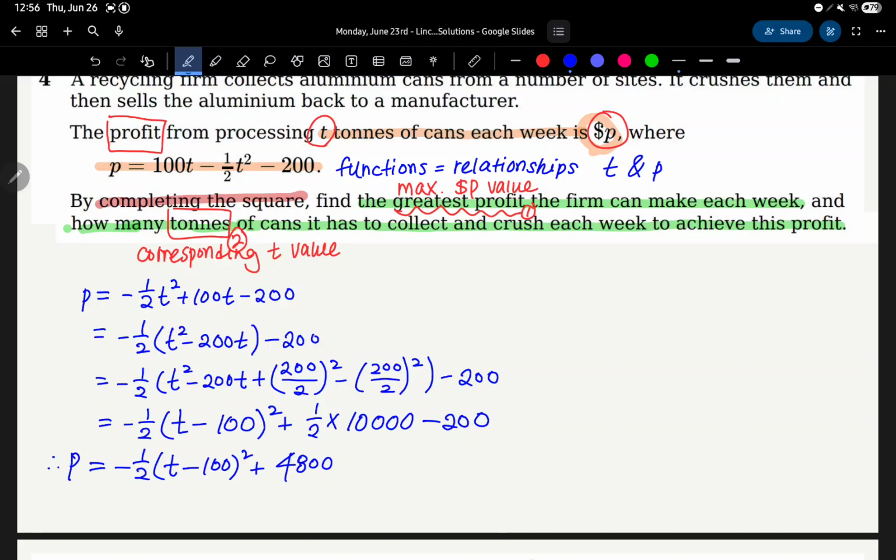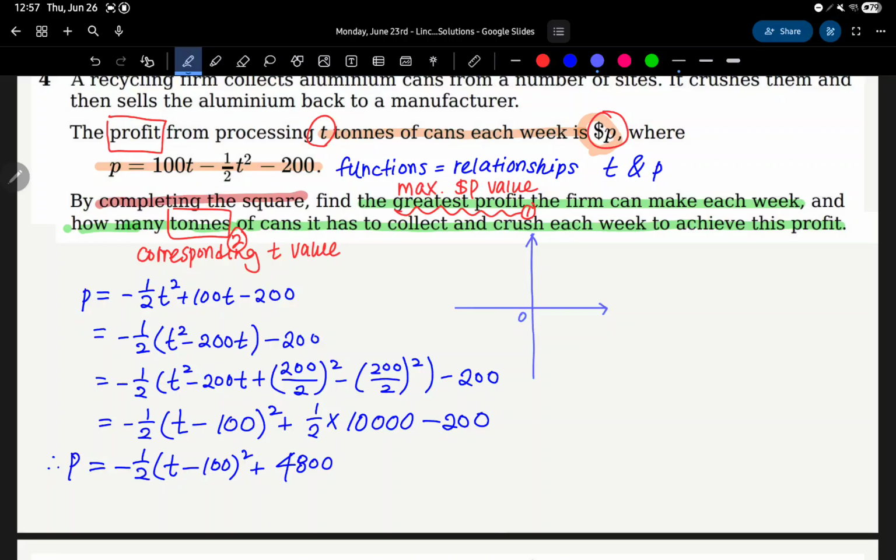So what do we do now? What is the greatest profit? In order to understand this, we can quickly sketch this function. Whenever you don't have our regular x and y, that is okay. We can still represent it on an xy plane. In this case, it wouldn't be the xy plane, it would be the pt plane, right?